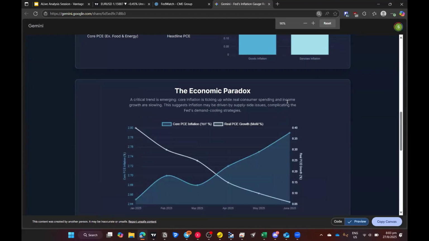Let me just zoom in a little bit. So you're paying higher prices, your core inflation is going up, but your consumers are spending less. It's usually that each particular good or service is more expensive as time goes on.